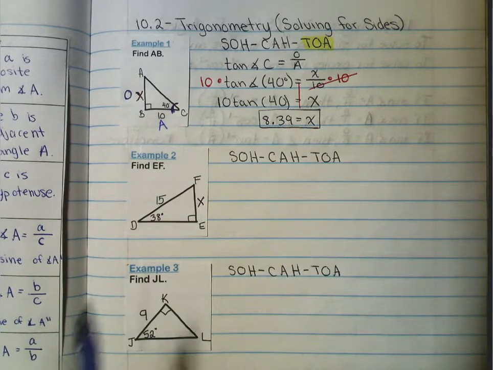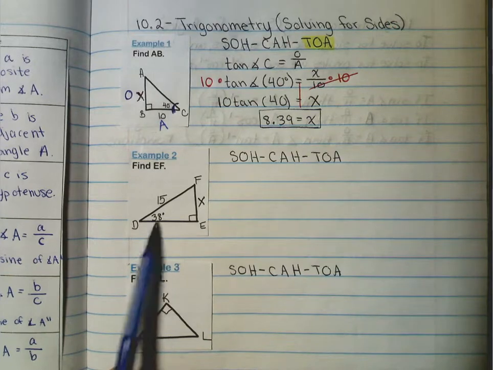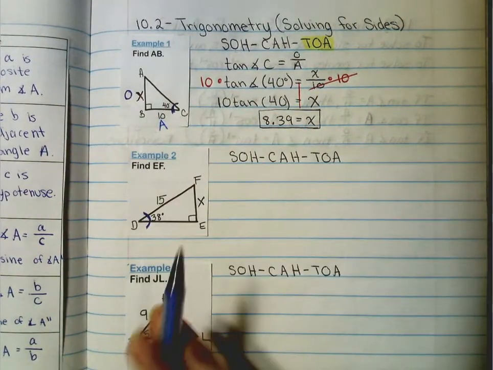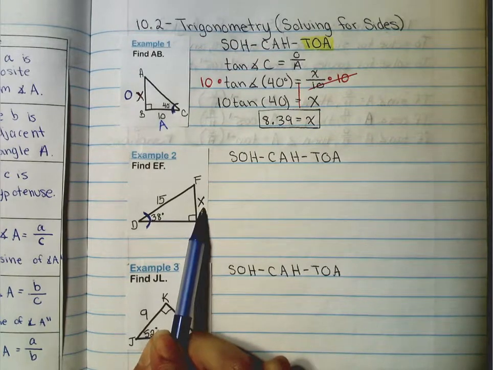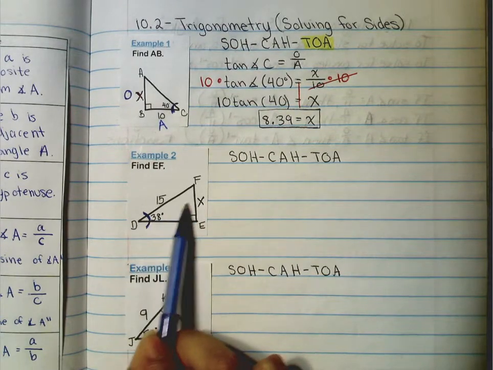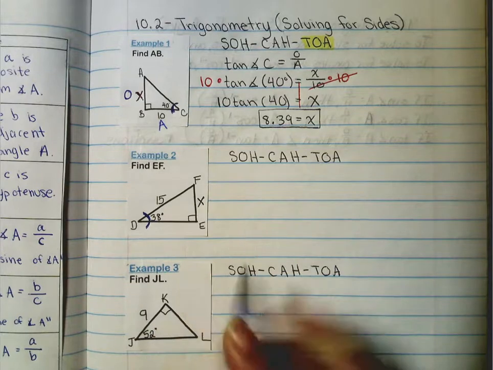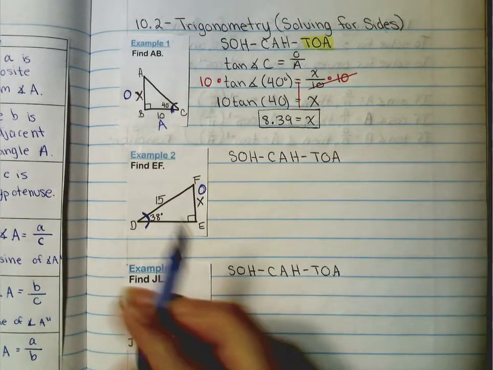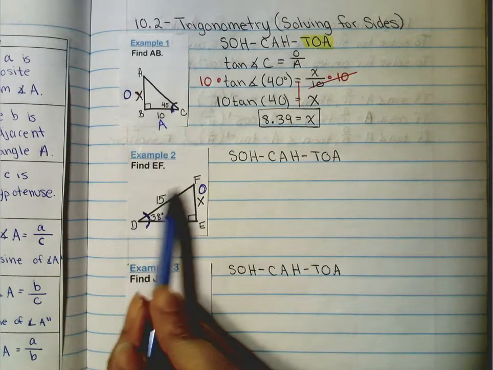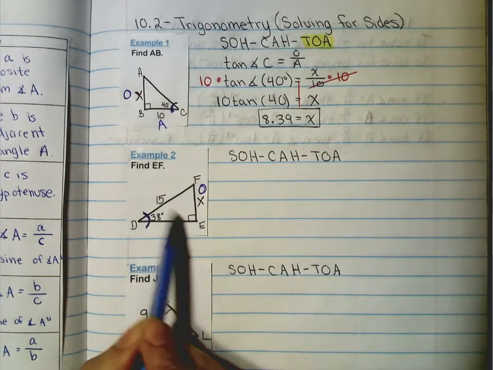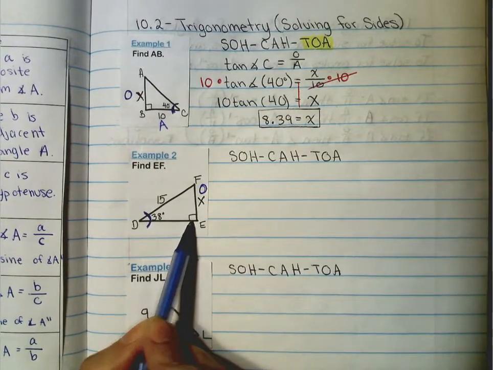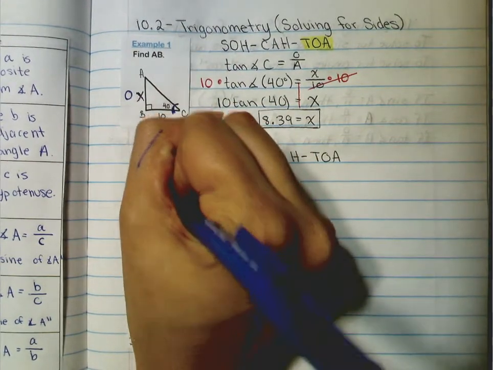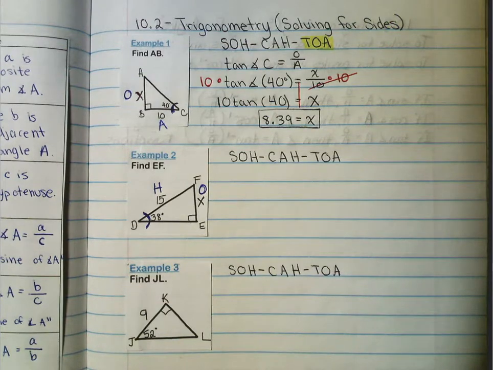Now they're giving me angle D with 38 degrees, so that means I'm working with angle D. The X that I labeled is opposite from angle D, so the X is going to be my O, my opposite side. And the 15 is the longest side of my triangle, opposite from the right angle, so that has to be the hypotenuse. So I'm going to label the 15 with an H for hypotenuse.